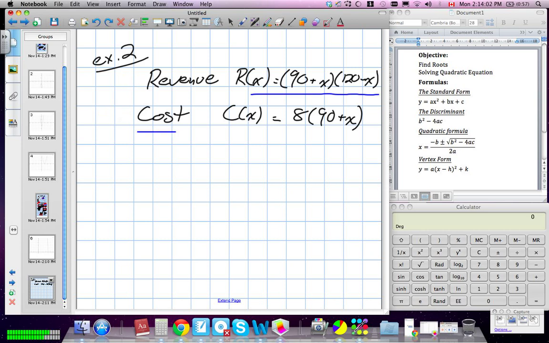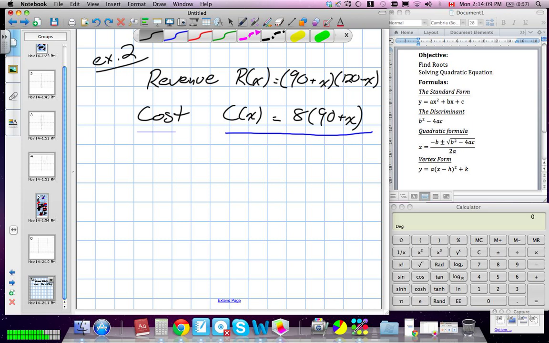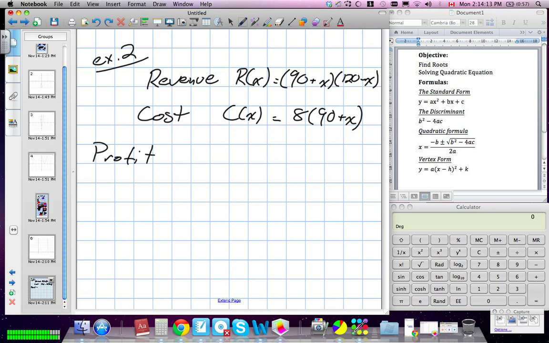The equation for profit is going to be your revenue, so the amount of money you take in, subtracting all the costs you have. So since this is profit, we're going to replace revenue with the revenue equation, and we're going to replace cost with the cost equation. We're going to name this P of x, because our only variable in both of the equations will be x, so then we'll have P for profit.